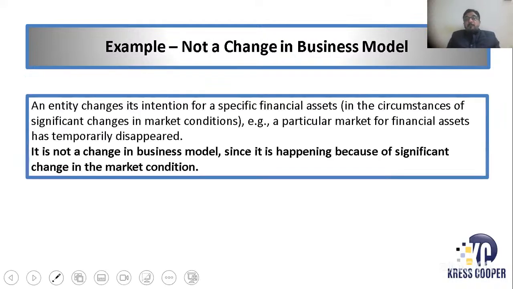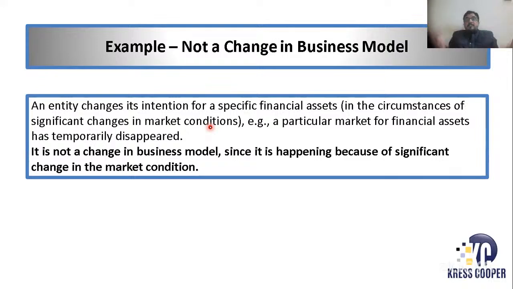And there is an example where the business model is not changed. The scenario is that your entity changes its intention for a specific financial asset in circumstances of significant changes in market conditions.